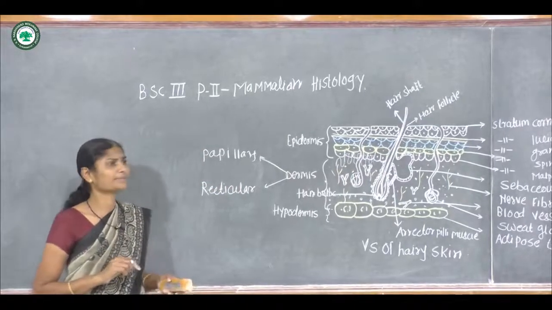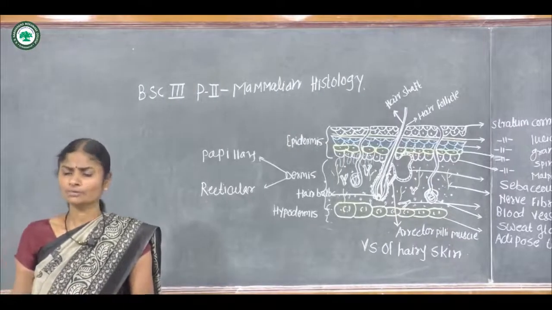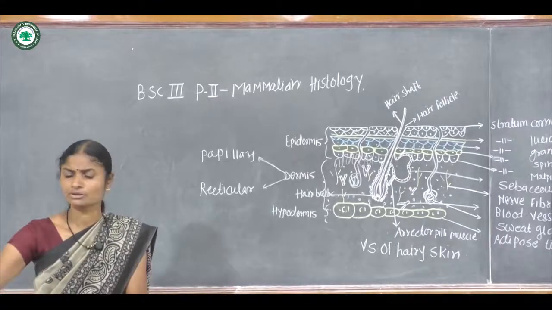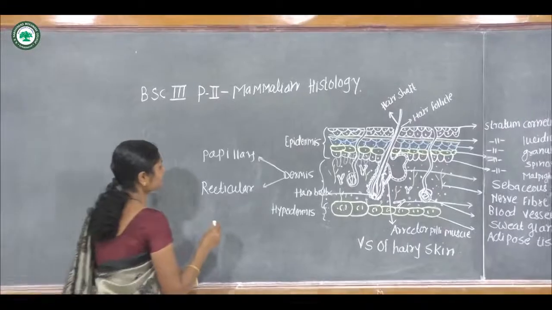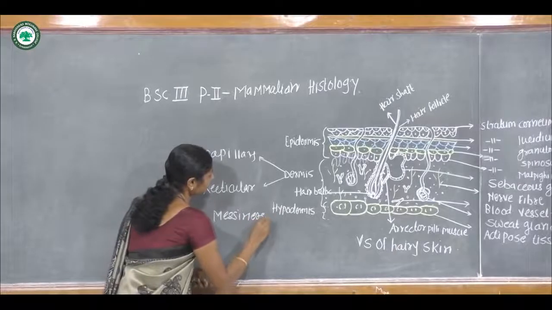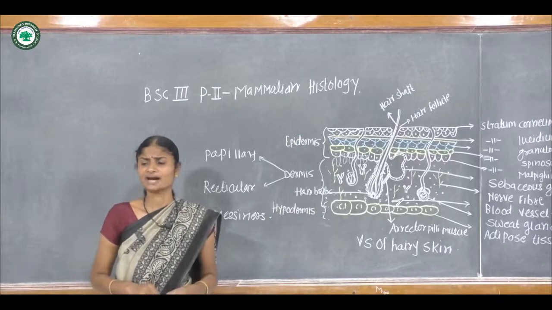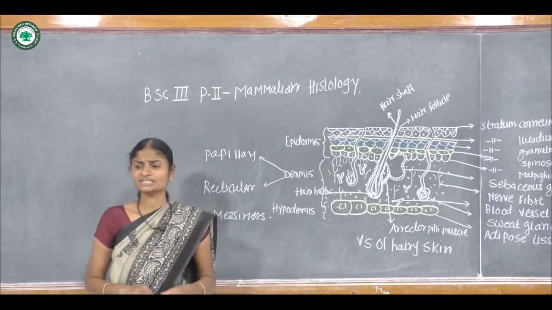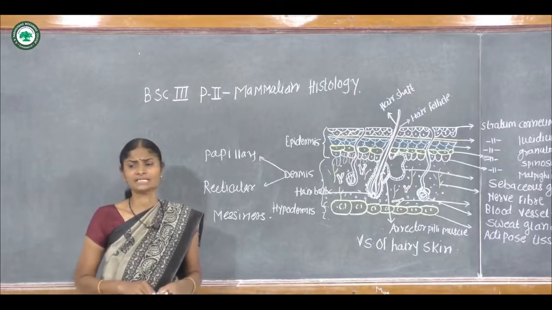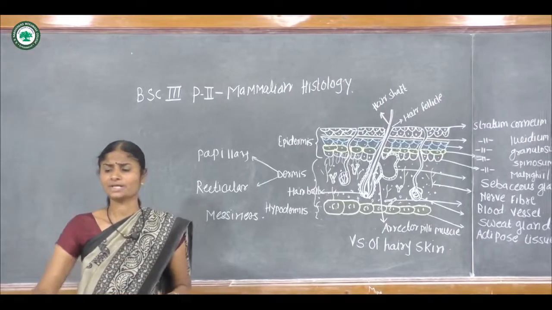This region also contains Meissner's corpuscles. These corpuscles are touch receptors, and free nerve endings are also present in the dermis. These are sensitive to temperature.